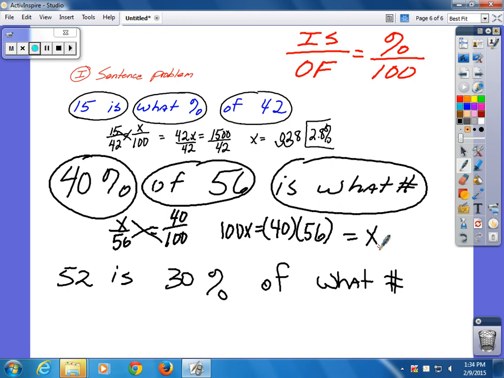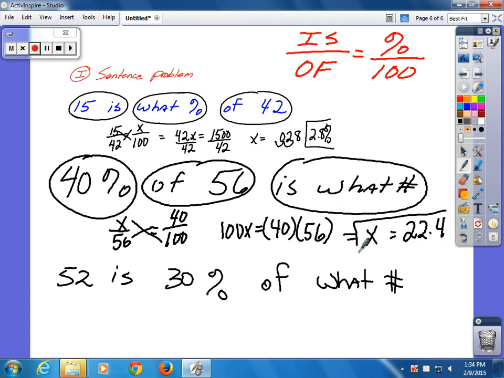Let's see, 4 times 56 would be 2420, would it not? What do you get? 2240, okay. And then 2240 divided by 100 would be 22.4. That's what I was trying to do.